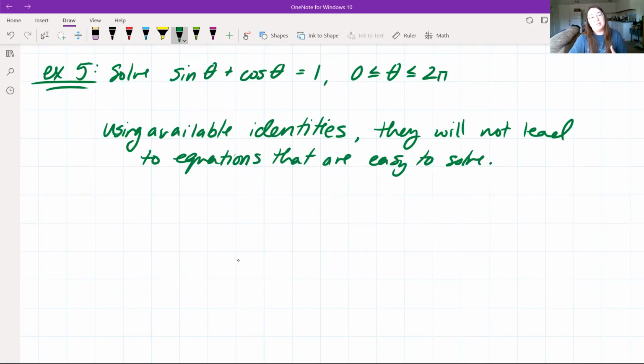So if we just try to replace sine of theta or cosine of theta with something else, it's going to be really not easy to end up solving. So this is why we want to square both sides.